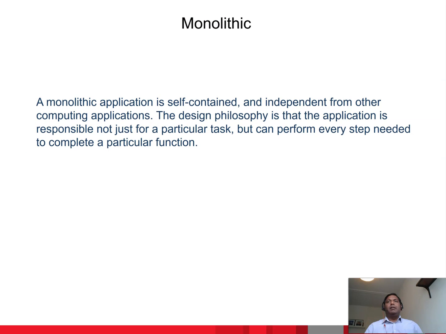Monolithic systems are created in the same code base, and it's a self-contained computing application, independent from others. The design philosophy is that the application is responsible not only for one particular task, but can perform every step needed to complete a particular function.